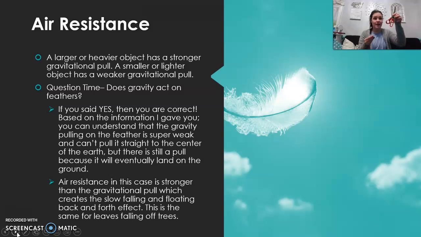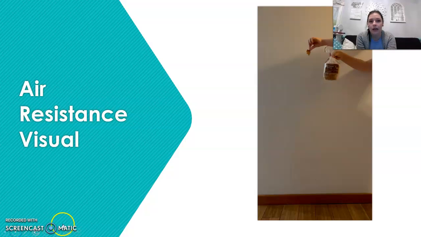These scissors, it pulls these scissors straight down, straight to the center of the Earth. But this paper is going to kind of flutter back and forth, because air resistance is picking it up and making it float and do the floating back and forth effect. So on this next slide, I did a video that was a leaf versus a bag of bread.